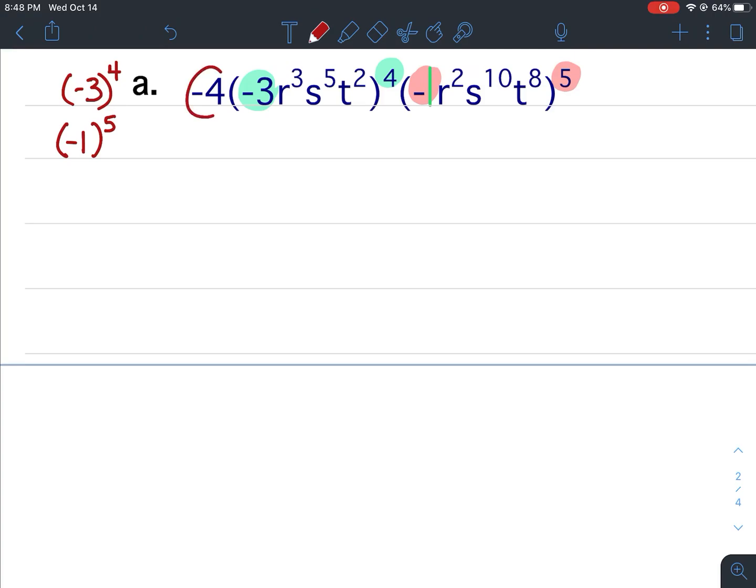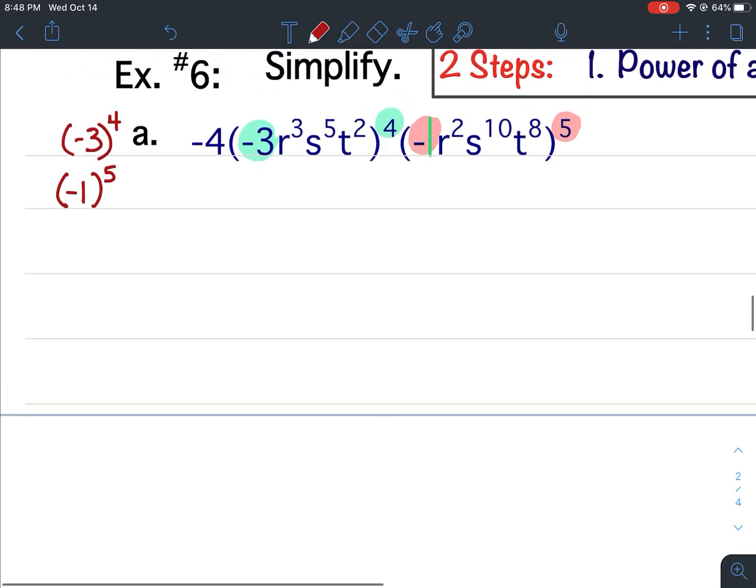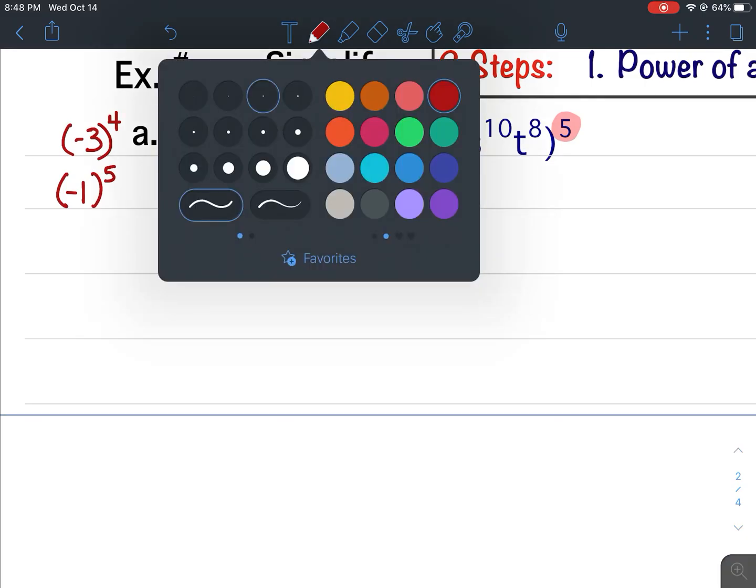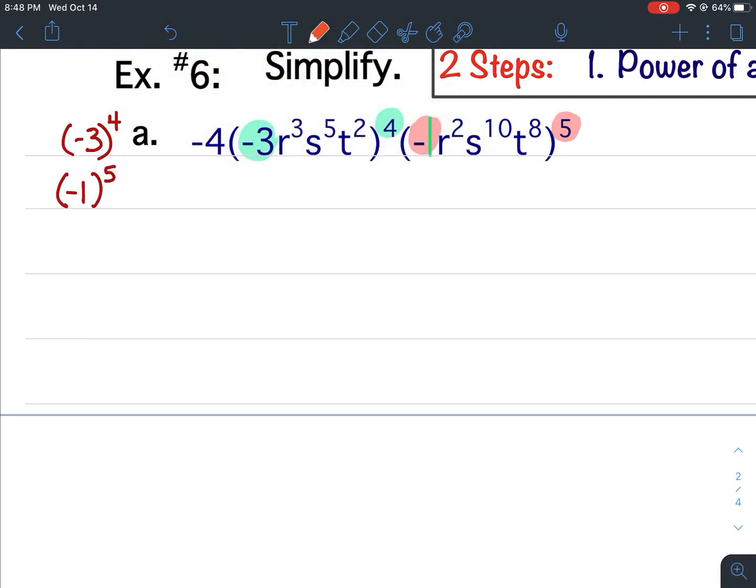Now this negative 4 out front, it's just negative 4 all by itself. You don't need to worry about doing anything with that. So that negative 4 is going to stay out front.